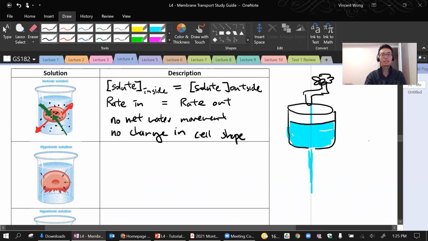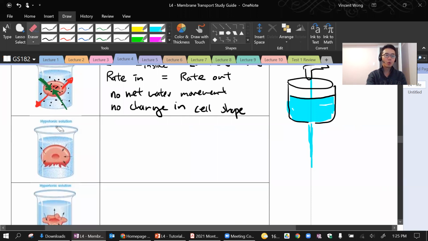No change. This is exactly what's happening. The amount of water that's coming in from the tap is the same as the amount of water that's leaving from the leak. So no change in the cell shape. If it's an animal cell, this is a happy cell. That's what they want. They want an isotonic environment.